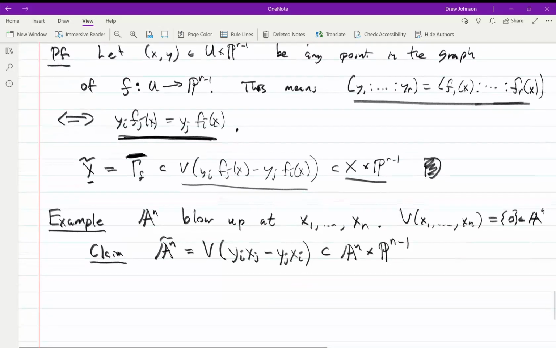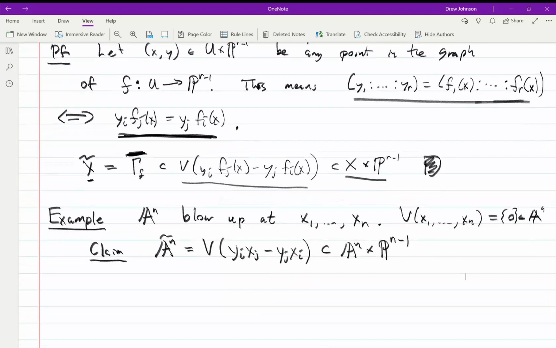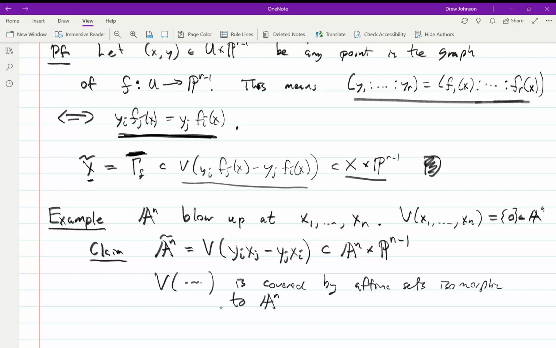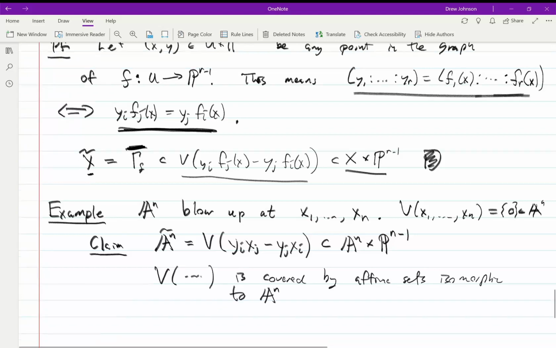I think maybe I won't write down all the details just because I want to get to the geometric intuition. But basically how it goes is that you check that this vanishing locus is covered by affine sets isomorphic to A^n that all intersect each other.